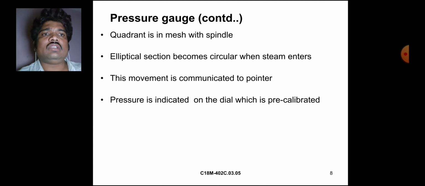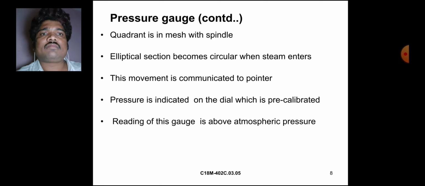Pressure is indicated on the dial, which is pre-calibrated. The reading of this gauge is above atmospheric pressure.